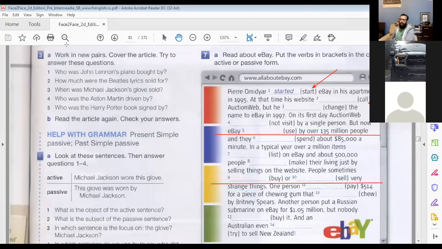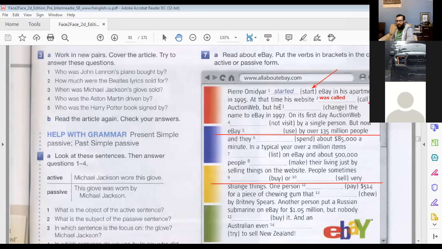Pierre Omidyar started eBay in his apartment in 1995. At that time, his website was called AuctionWeb, but he changed the name to eBay in 1997.